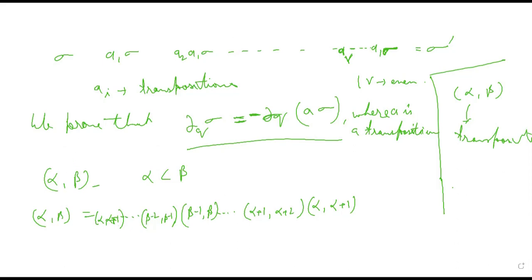So this is basically alpha plus 1, then alpha plus 1, alpha plus 2, like this, and then you continue. I think this is the way we can write it.